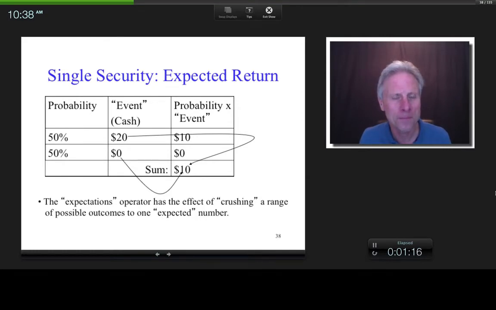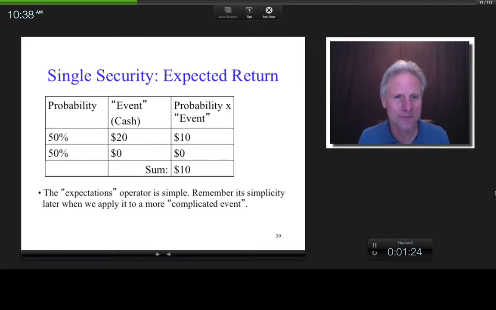Now, my guess is that all of you are highly familiar with this. I mean, you probably had it in middle school or high school or whatever, right? And yet, later, when I make the event more complicated, applying the expectations operator is going to be identical to this example, but when I change the event and make it more complicated, some of you are going to forget how to apply the expectations operator.